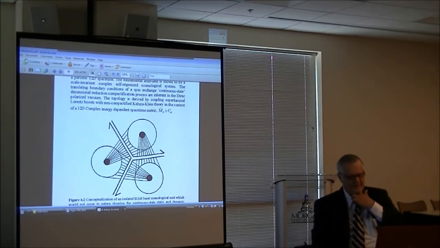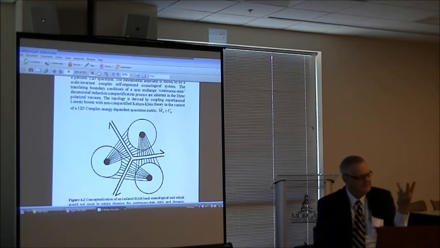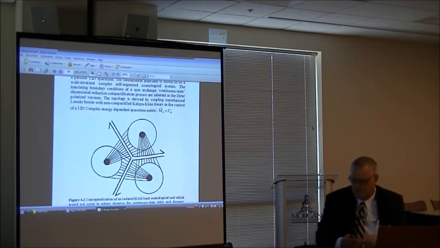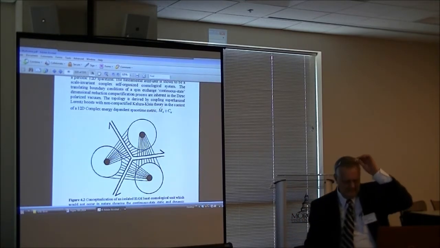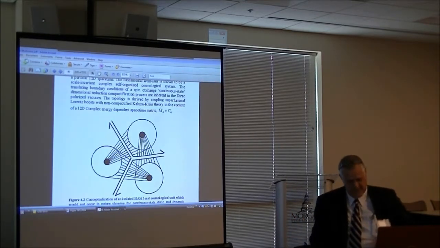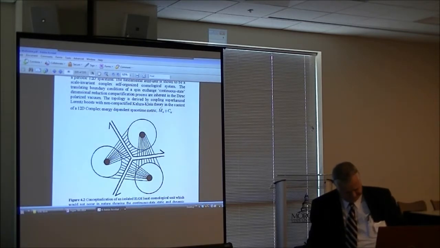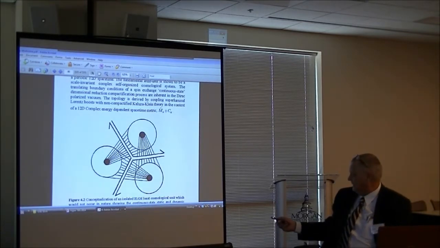In contemporary physics, we have a rigid vertex singularity point particle. Right here, this is called the Witten vertex, and I put a paper, I think it's called The End of Spacetime, by Witten on your thumb drive where you can read about this.